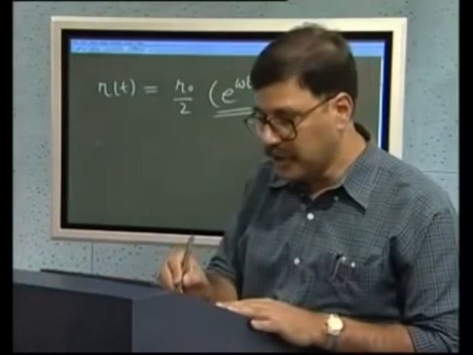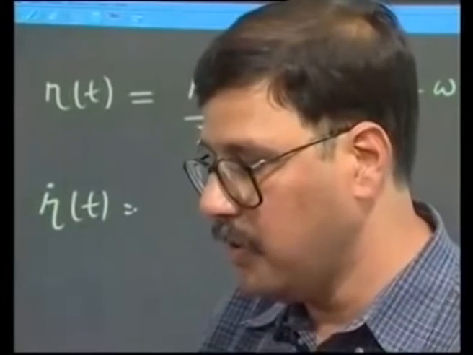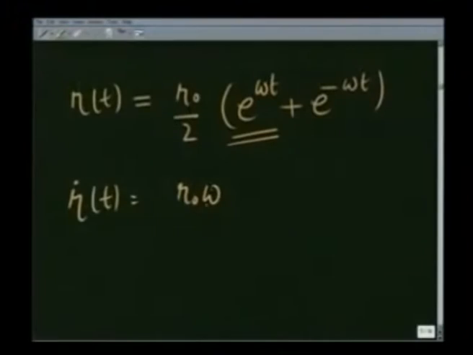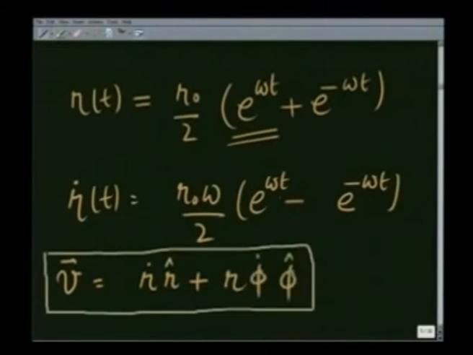How about the velocity in radial direction? It is going to be equal to r0 omega divided by 2 times e raised to omega t minus e raised to minus omega t. General velocity v is going to be r dot in the r direction plus r phi dot in the phi direction, and you can substitute the values and find the general velocity.